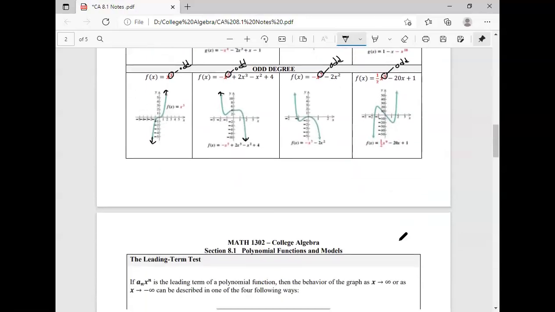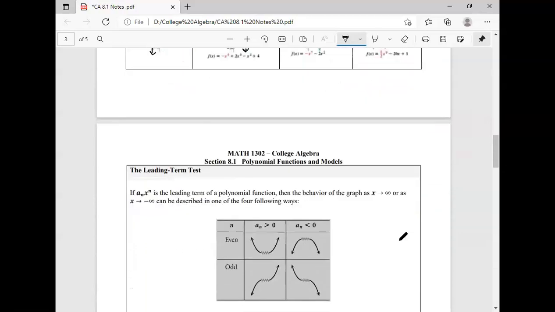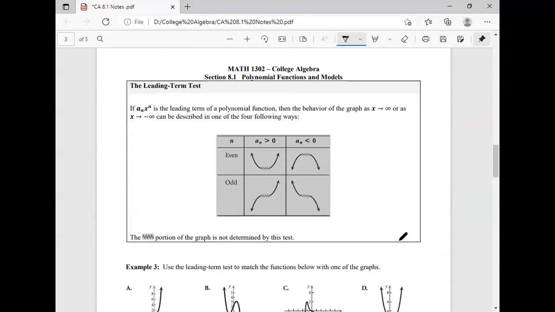So one of the objectives that you were supposed to learn today is how to use the leading term test. This a sub n is talking about our leading term, which is one of the reasons why we talked about the leading term at the beginning of class. If the leading term is bigger than 0, which means it's positive, then if it's even, both of the ends are going to be facing up.